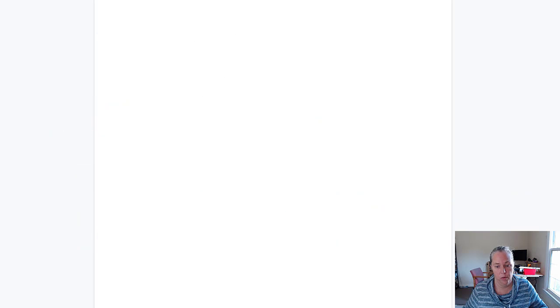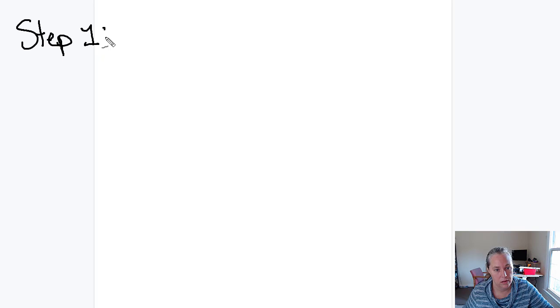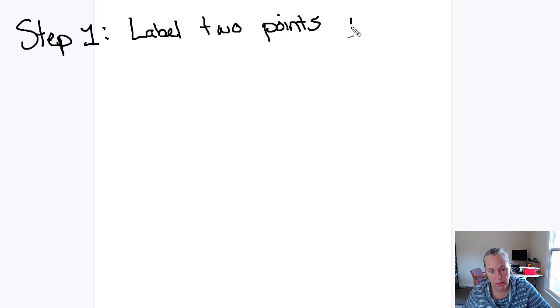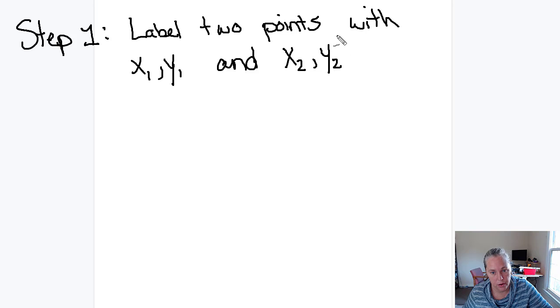Okay, so slope formula. Step 1. Label your 2 points with x sub 1, y sub 1, and x sub 2, y sub 2.